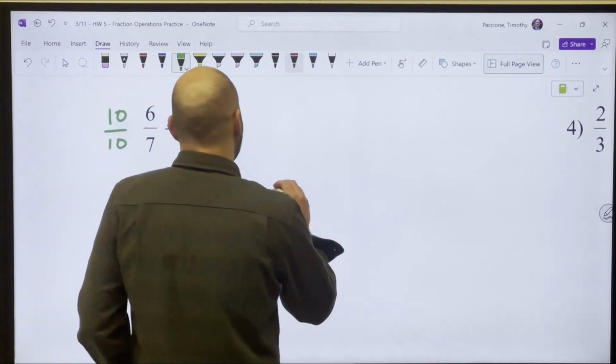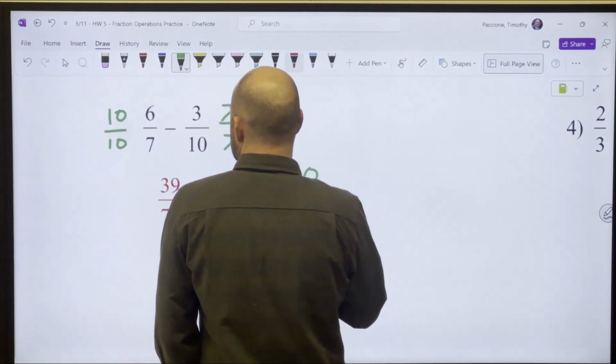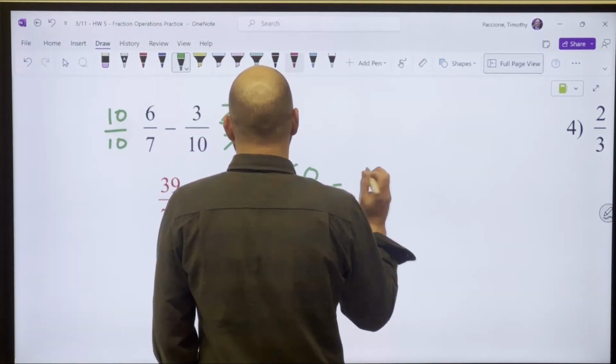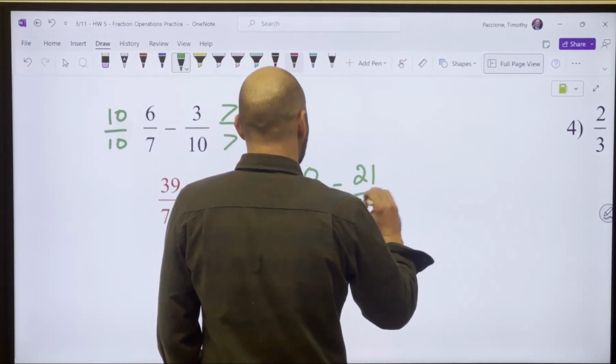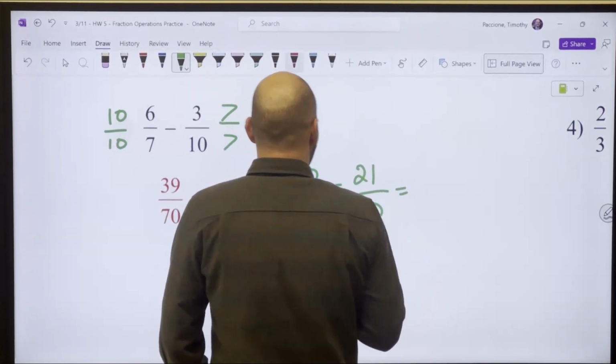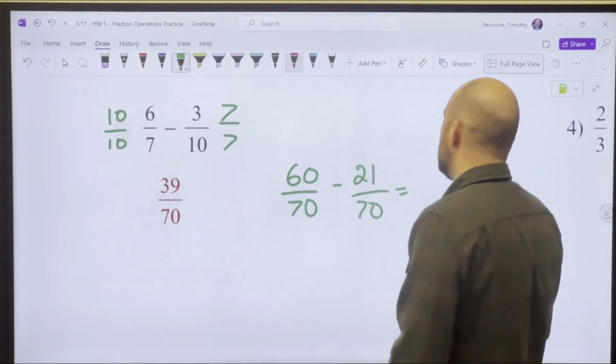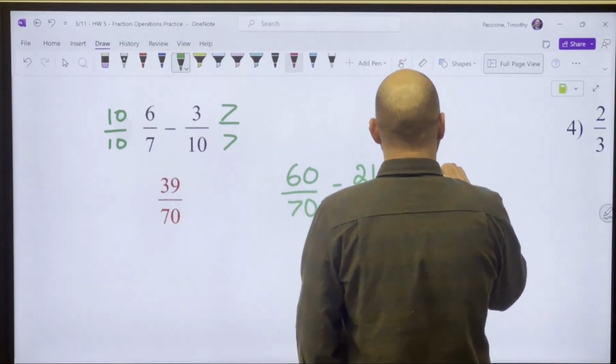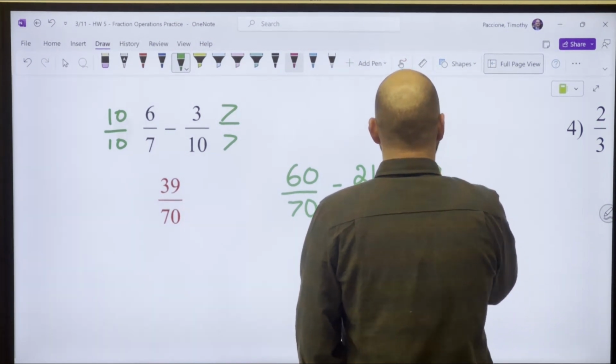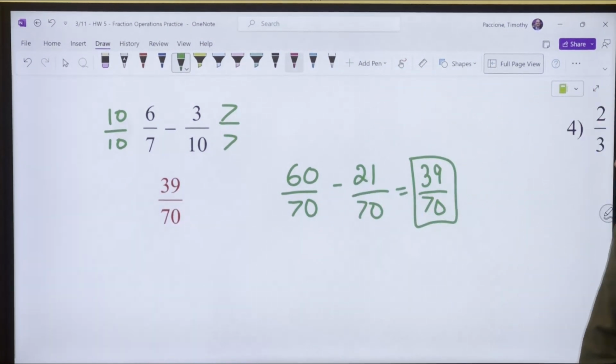That gives me 60 70ths minus 21 70ths. You keep the bottom, you add or subtract the top. 60 minus 21 is 39, and you keep the bottom, so that's 39 70ths. And you can't simplify it. I tried. There's nothing that goes into both.